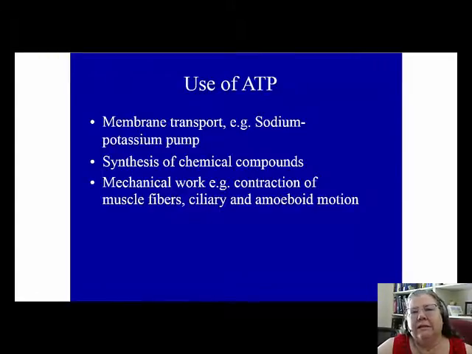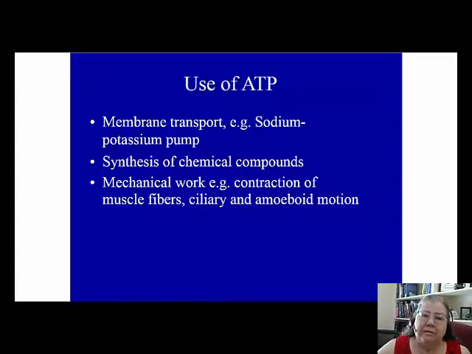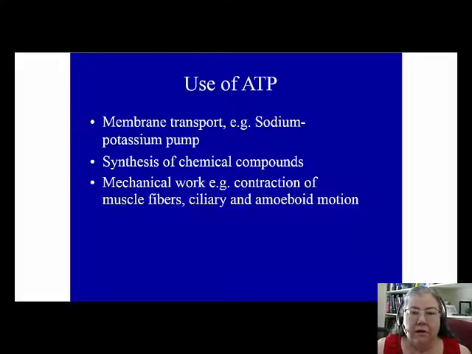So, for instance, when I talked at the beginning about that gradient where sodium is higher on the outside of the cell and lower on the inside, and potassium is higher on the inside and lower on the outside, that happens because there are pumps that use ATP as energy to move potassium in and sodium out. And we'll talk a lot about that in the next lecture.